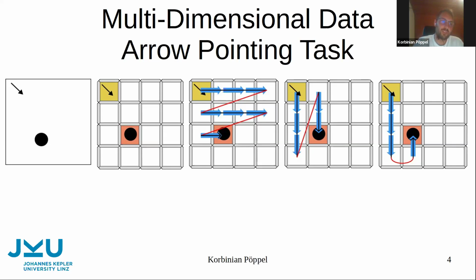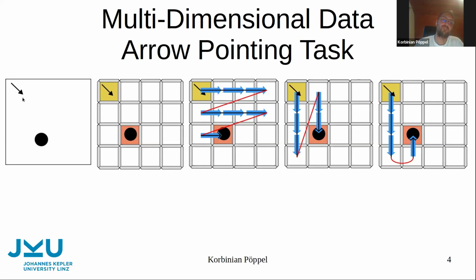It's a very simple synthetic task that tries to capture how well models can generalize in multiple dimensions for extended sizes in a directional fashion. You have here on the left an example of this task.